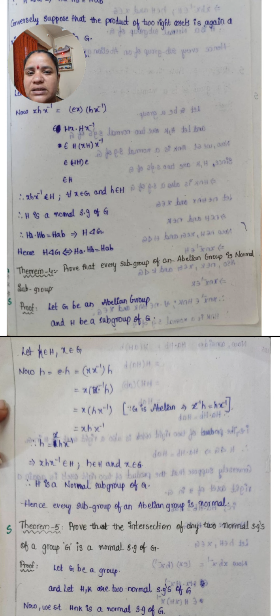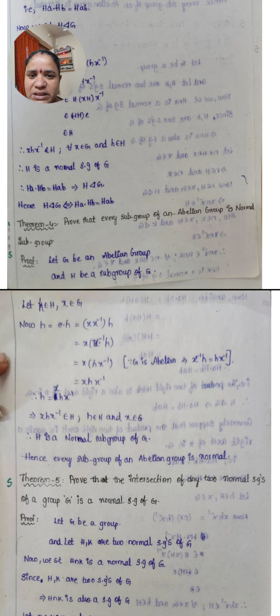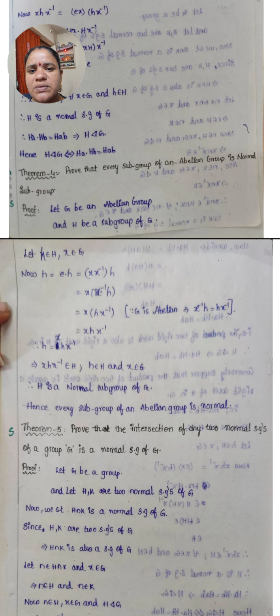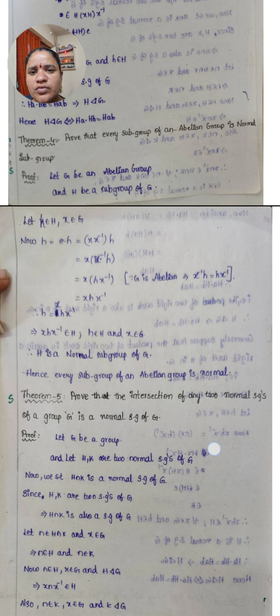So ex can be written as hx, and hx inverse belongs to H. So xhx inverse belongs to H. Therefore H is a normal subgroup of G. Ha dot Hb equal to Hab implies H is a normal subgroup of G.